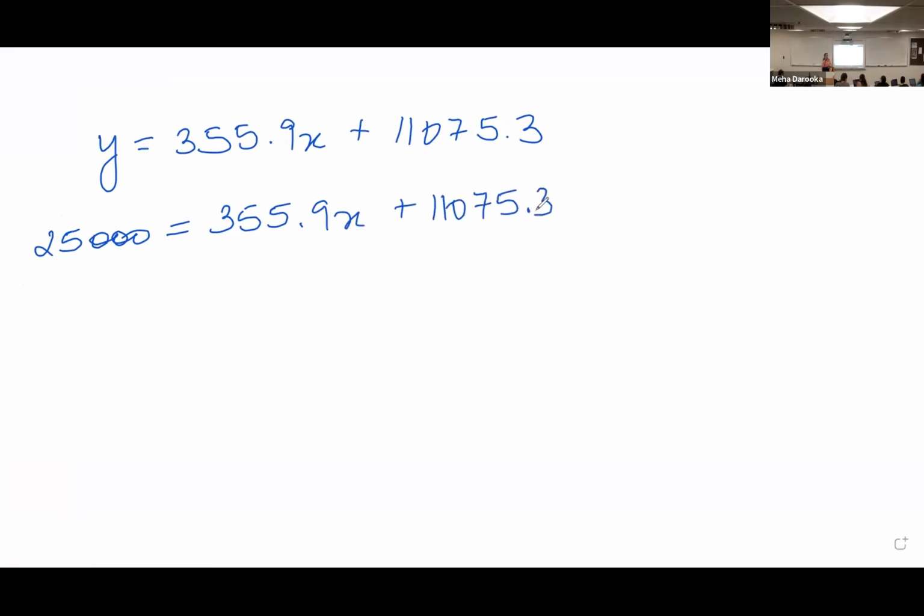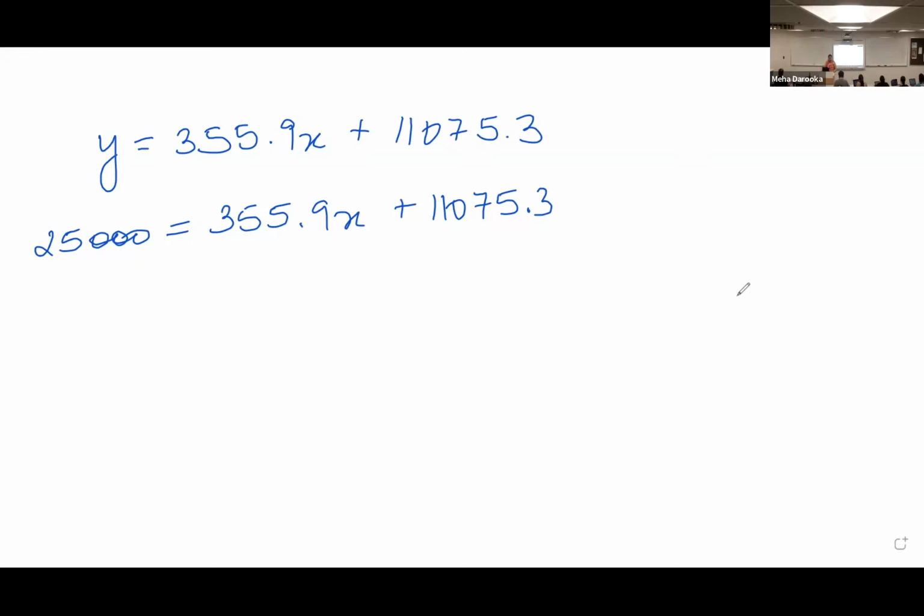Can you tell me what our X value came out to be? It will give you a number. It is not going to give you a year. A year is what you will have to figure out once you come up with that X value.